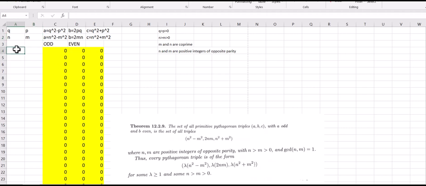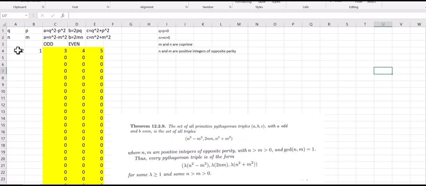So let's generate our first primitive Pythagorean triple. And I want a value for n here, which is the smallest possible integer value that n could have. Since n is greater than m, we must write 2 here, and m must be 1. One condition set forth here is that n and m must be of opposite parity, which means that if n is even, then m must be odd, or vice versa.